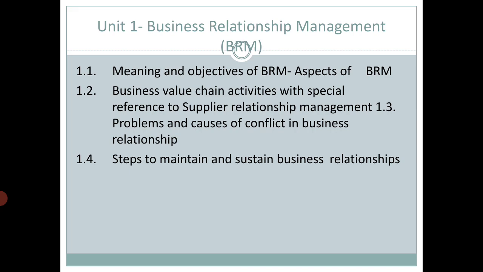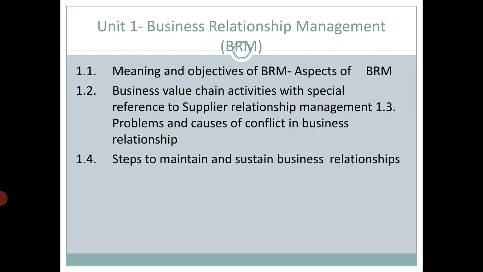Then, what are the different objectives related to business relationship management, and what are the various aspects included in it? If there are 4 or 5 aspects, whether they are clear to you or not.